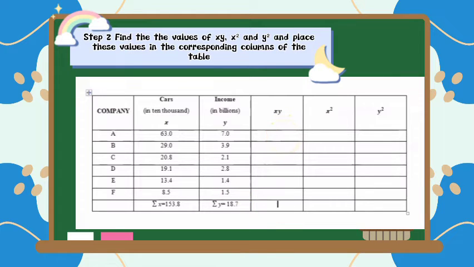To find the value of xy, we multiply x and y. So 63 times 7.0 equals 441.0, and 29.0 times 3.9 equals 113.10.